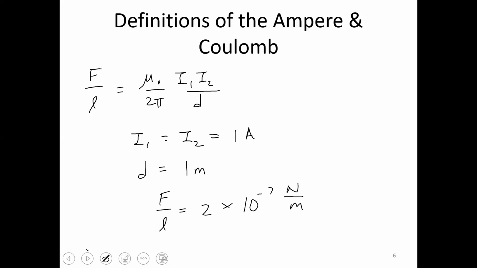So you have a working definition of what a newton is and what a meter is, and that helps you define what an amp is in terms of this force equation and in terms of force and distance that you have measured by other means, by other standards.